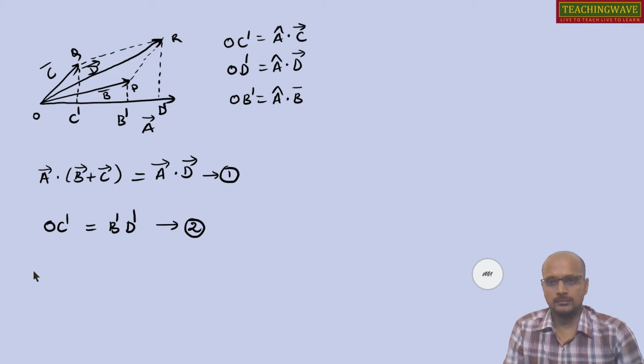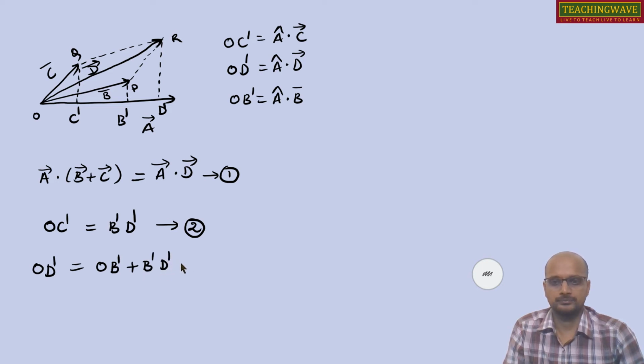Now come to OD prime, the projection of the d bar vector along a bar. We can write OD prime as OB prime plus B prime D prime.